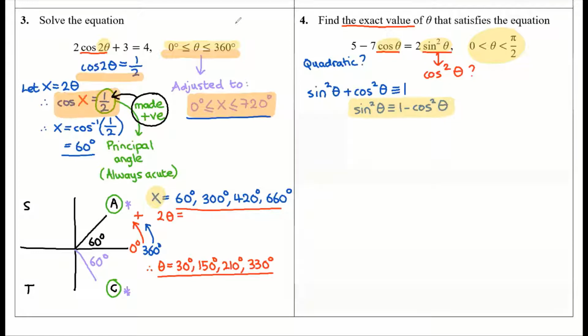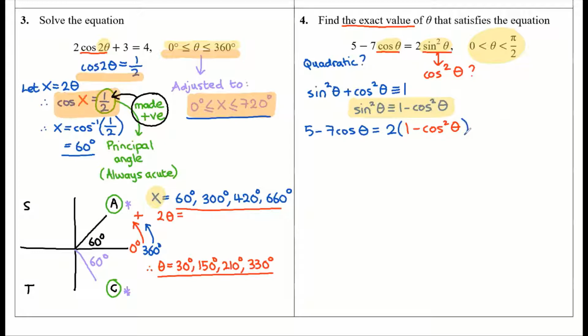So let's rewrite the equation, and we're going to replace sine squared with 1 subtract cos squared. So 5 subtract 7 cos theta is equal to 2. I'm going to open a bracket, multiply by 1 subtract cos squared theta, and then I'm going to close the bracket.